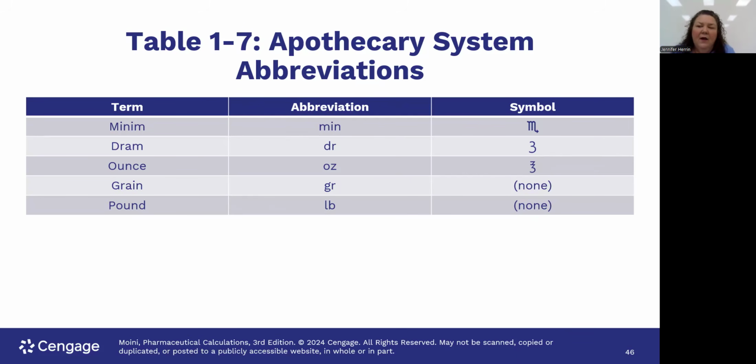Next, we have the dram, which is abbreviated as a lowercase dr, and its symbol looks much like a big 3. Next, we have the ounce, which is abbreviated OZ. Its symbol looks like a very particular style of 3 with maybe a little 7 sitting on top of that 3. The grain is abbreviated lowercase gr. It does not have a symbol, and the pound is abbreviated LB, and it also does not have a symbol.